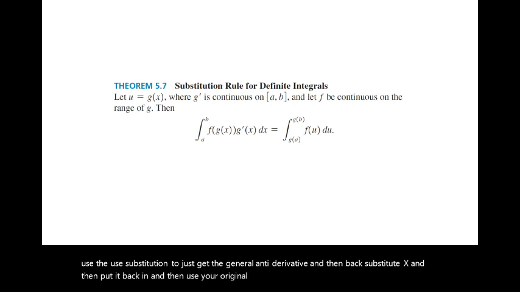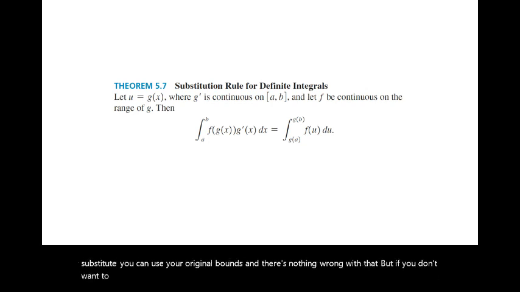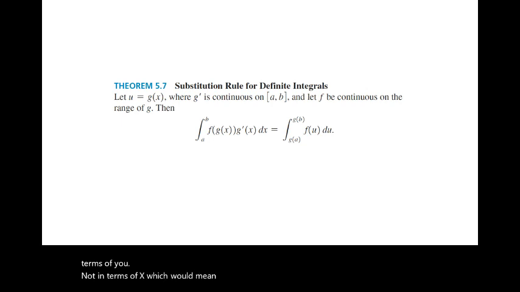As long as you remember to back substitute, you can use your original bounds and there's nothing wrong with that. But if you don't want to back substitute, there is a way to change the bounds so that they are bounds in terms of u, not in terms of x, which would mean that you do not have to back substitute.